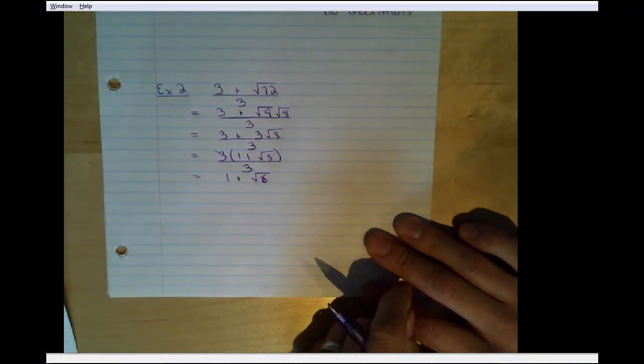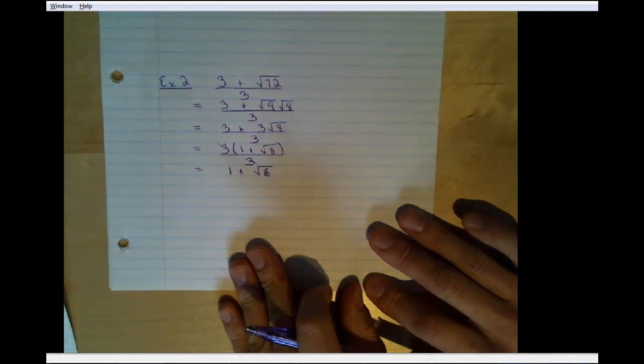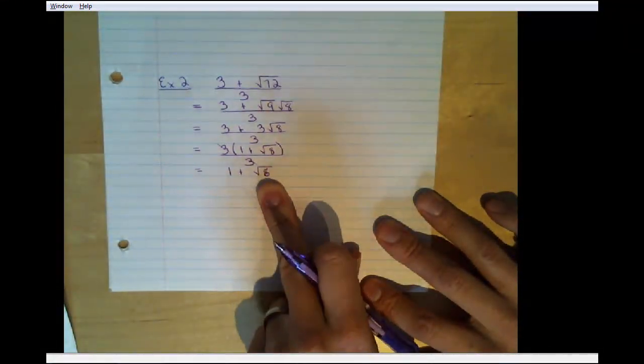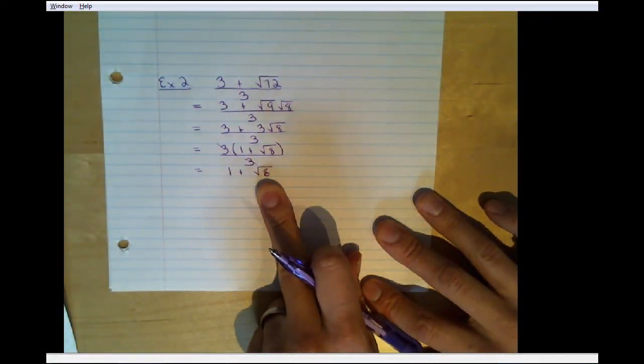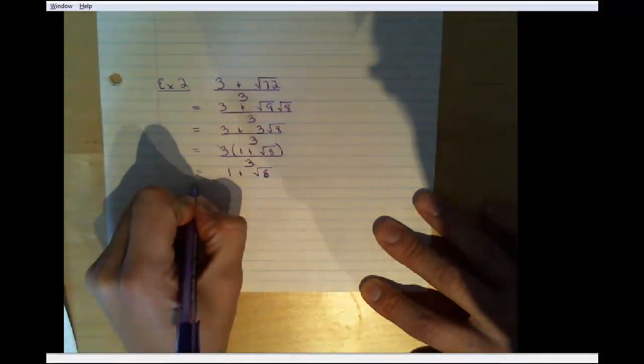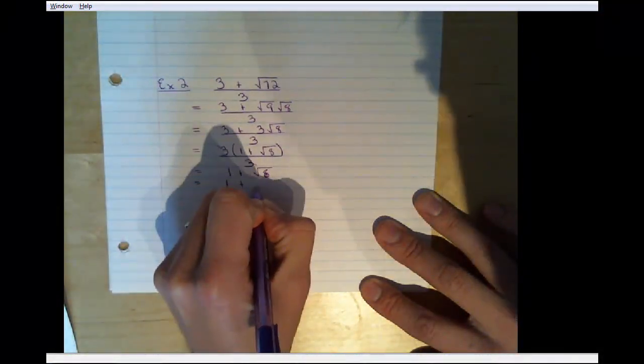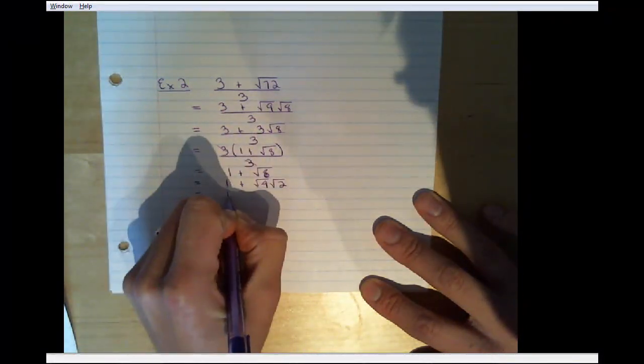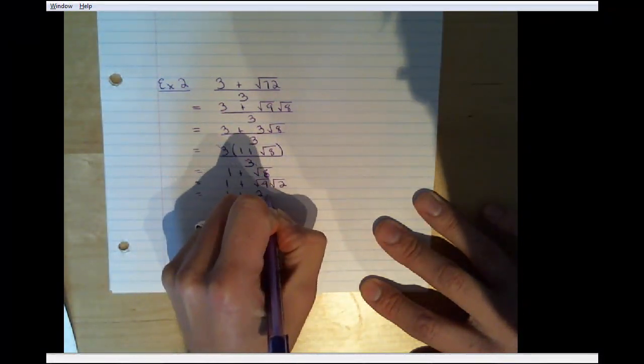Does that look right? 1 plus root 8. Can't root 8 break down further? Sure can. It's 1 plus root 4, root 2, 1 plus 2, root 2. Okay, so that's your final answer.